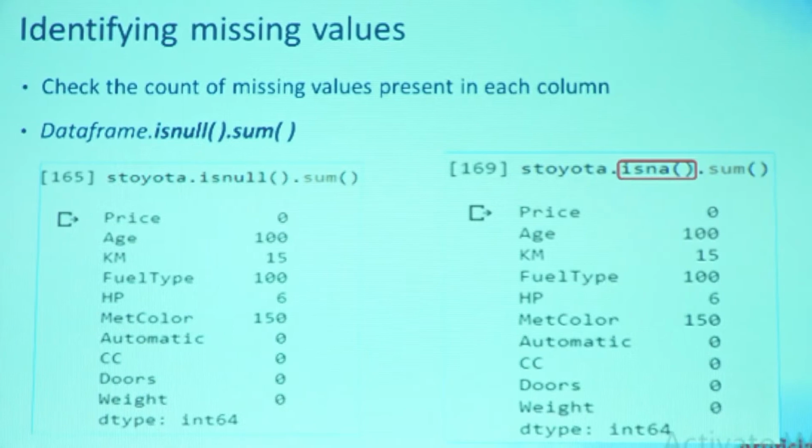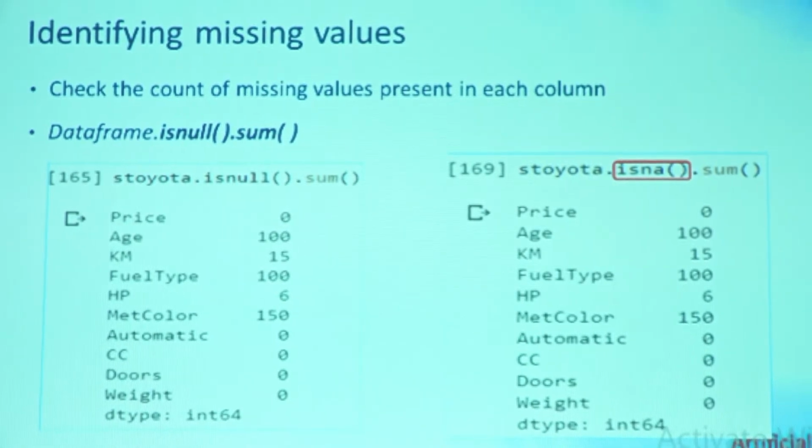I already changed their types from int or float to object for met color and automatic, right? Doors also I converted from object to int. Okay, my work is done with them. Now my problem is with age, kilometer, fuel type and met color. Okay, there are some missing values.